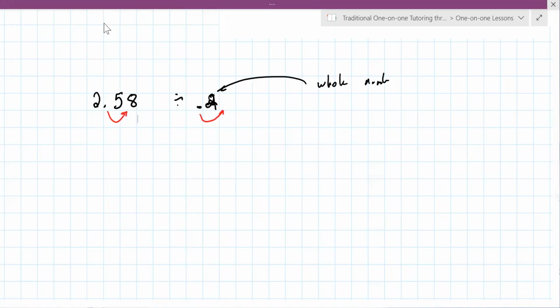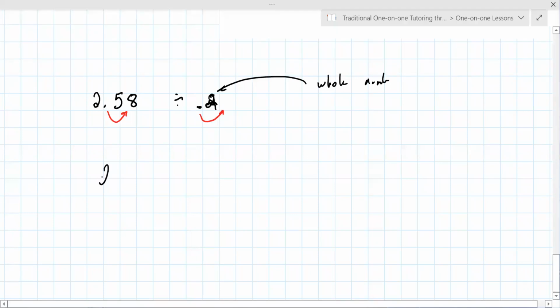So that is 25.8 divided by, I'm sorry, divided by 2. What am I doing here? Yeah, so now the 2 goes on the outside of the house, 25.8 on the inside of the house. And then do you need me to bring that table down?